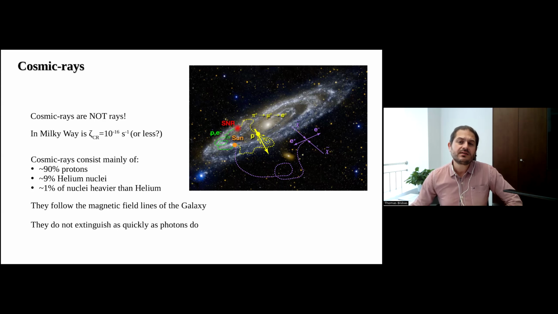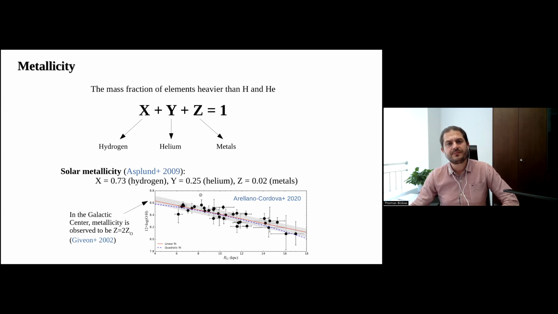The other thing is that the cosmic particles also extinguish as the FUV photons do, but they extinguish much slower. So they have the ability to penetrate large columns of density. And this means that they can produce some heat at high column densities and ignite also very interesting chemistry.